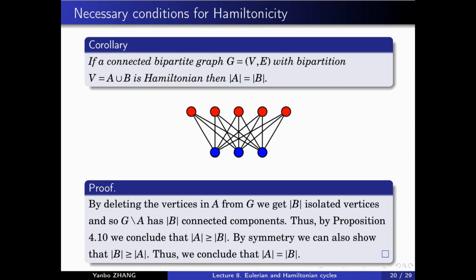Here is another corollary for bipartite graphs. If a connected bipartite graph G = (V, E) with bipartition V = A union B is Hamiltonian, then the size of A equals the size of B. Because a cycle in a bipartite graph visits the two partite sides alternately: one blue vertex, one red vertex, one blue, one red, one blue, one red.